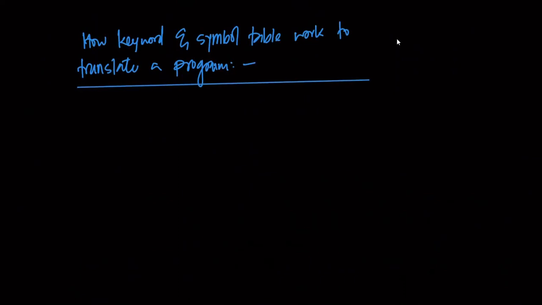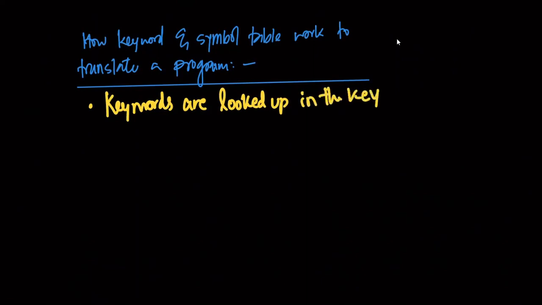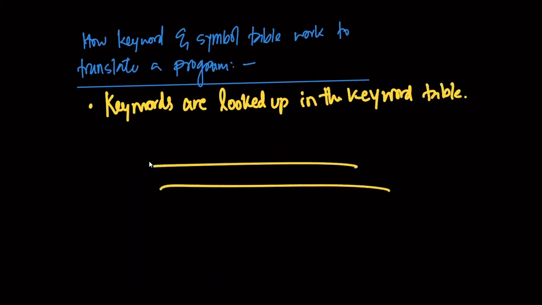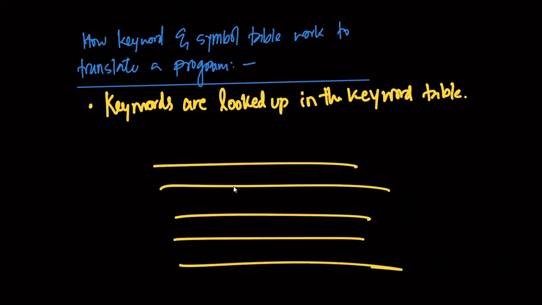So the first step is that keywords are looked up in the keyword table. Let's say the compiler or the interpreter goes through lines of code.